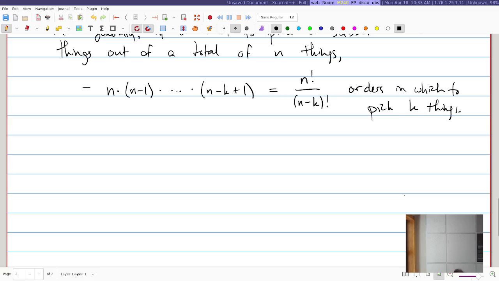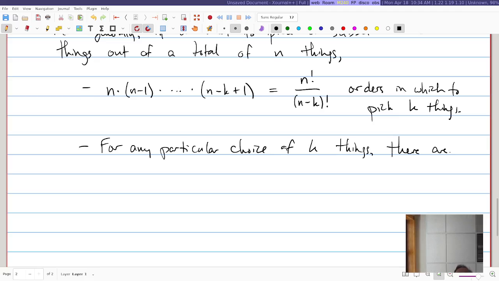So for any particular choice of k things, every time we have k things and we want to say how many orders I can put them in, that's just k factorial.